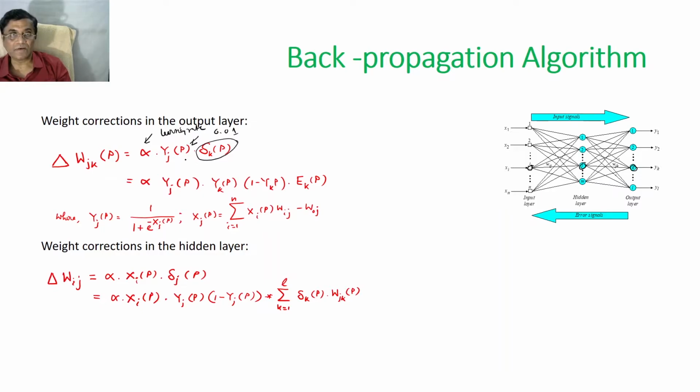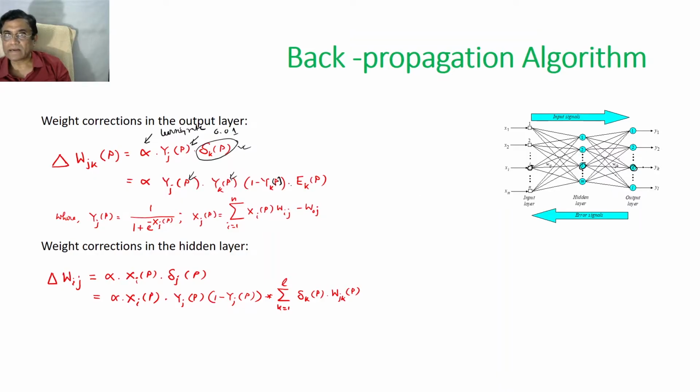So now instead of this, I can use this times this: Y sub K for a particular epoch P. It's P for a particular epoch. Then 1 minus Y sub K P, times error K for that epoch.